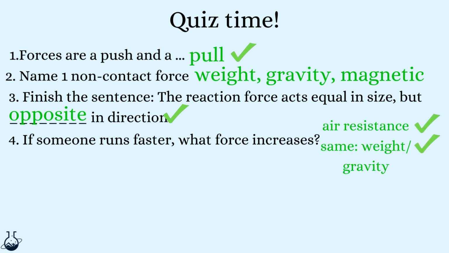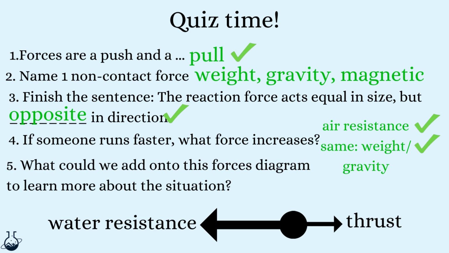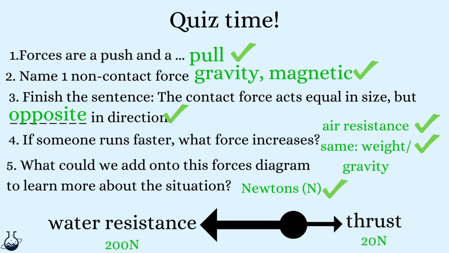Air resistance will increase, weight stays the same, or gravity. And final question number 5. What could we add onto this forces diagram to learn more about the situation? The number of newtons. Well done, guys.